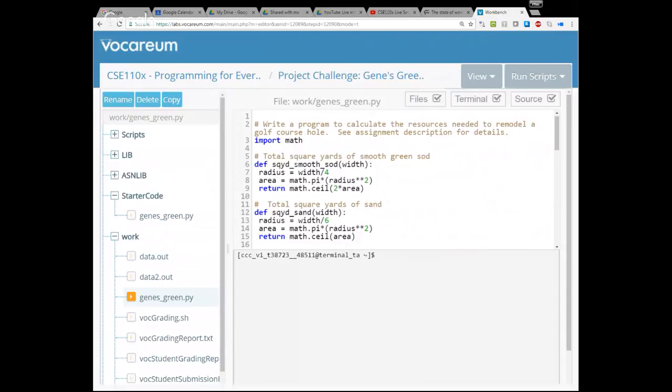Awesome. Thanks, Phil. Something that I did see in your code that a few people did was they defined functions for finding the area of a circle and for the circumference of a circle, and those things are used. You can see it right here in my smooth sod and sand ones.